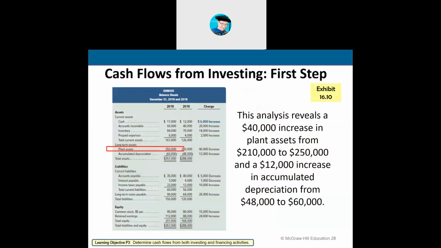For investing and financing activities, it's easy because it's represented based off of what happened with respect to the assets and the equities. So long-term assets, we have property, plant, and equipment. The purchase of property, plant, and equipment increases property, plant, and equipment, which would be reflected on the statement of cash flows for investing.